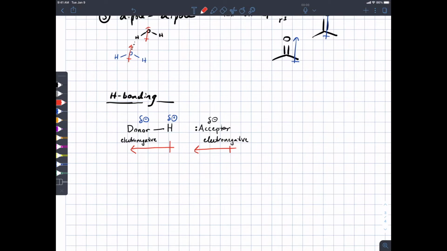The reason this is problematic is because these acceptors are usually nucleophiles, which are electron donors. So it's easy to get totally mixed up on this. When someone says a hydrogen bond donor, that means the thing that's contributing the hydrogen to the hydrogen bond.